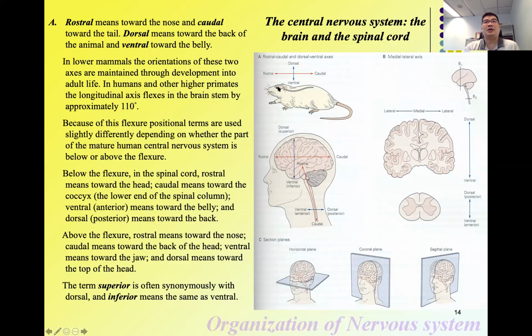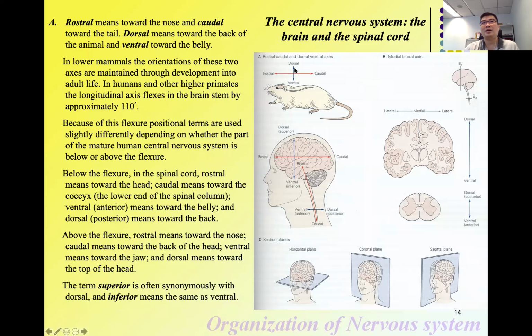In lower animals, for example, in dogs, cats, and rodents, the nervous system is just like a tube. A swollen part, the brain, and then it goes all the way to the back. So dorsal means the back.